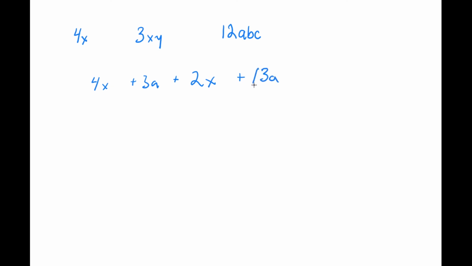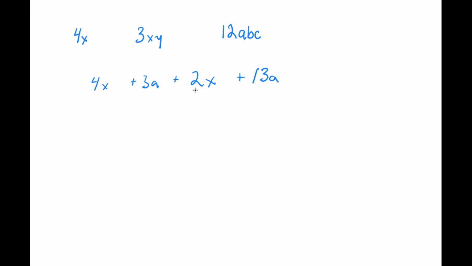I'll say 13a, just for the sake of having a big number. When you have a coefficient and a variable, we call the variable the base. When that variable is similar over here and here, when they're the same, we can actually combine them together. We call those like terms, and like terms can be added together. Let me show you what I mean.